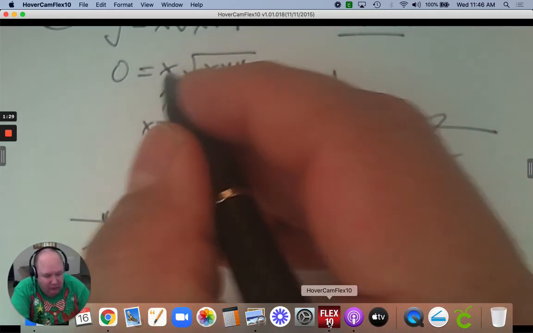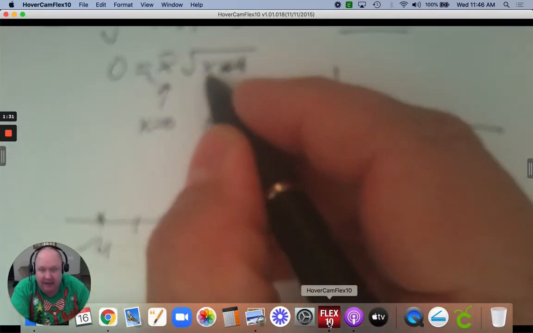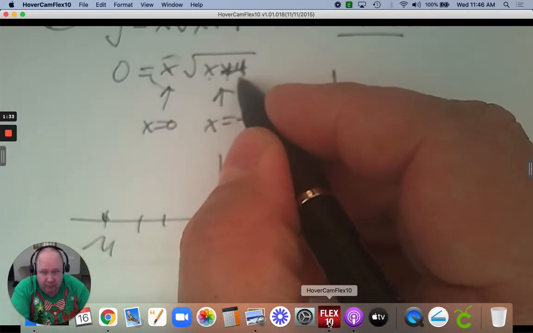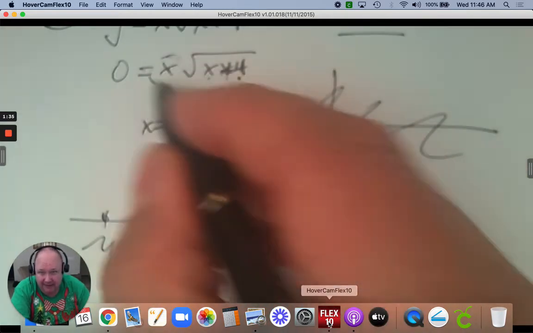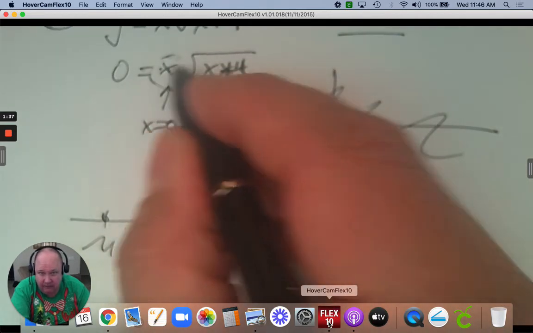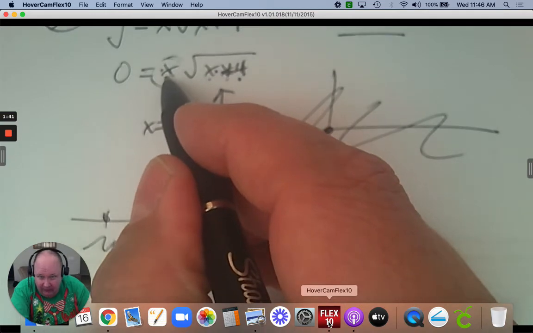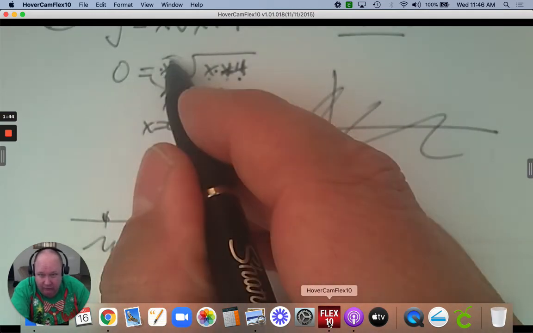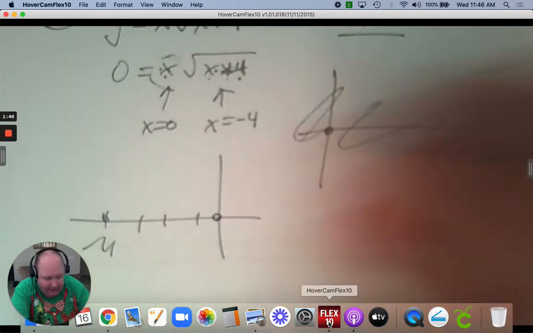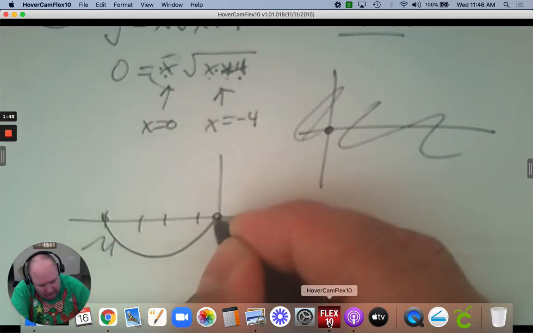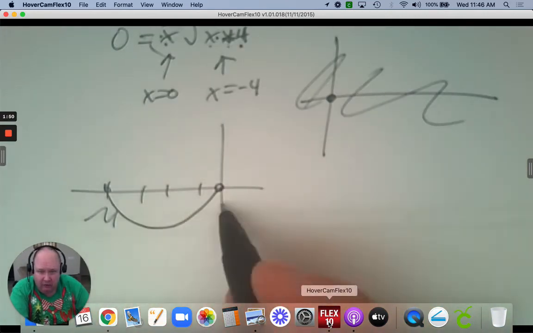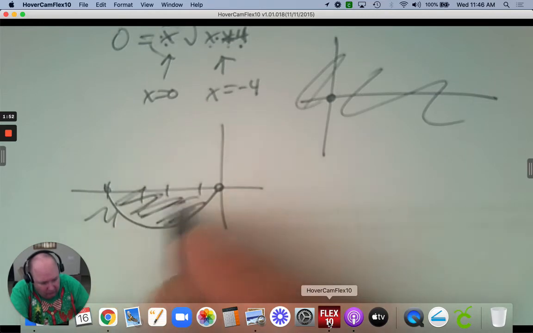So let's say you plugged in negative 1. Negative 1 plus 4 is the square root of 3, but negative 1 makes it negative in front of the square root of 3. So whatever number that's negative I plug in, the x in front is going to make the number negative. So however you want to see it, the area curve is right here below.